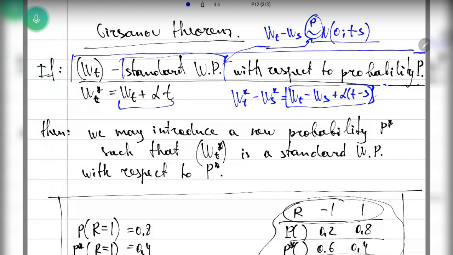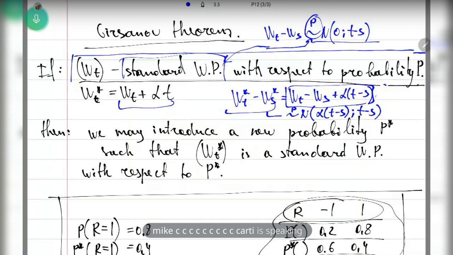Under P, this difference will have the normal distribution with mean alpha times T minus S and variance T minus S. What does it exactly mean to use probability P on a process?